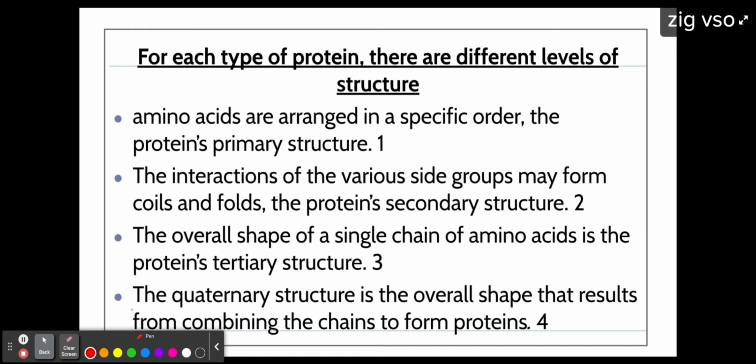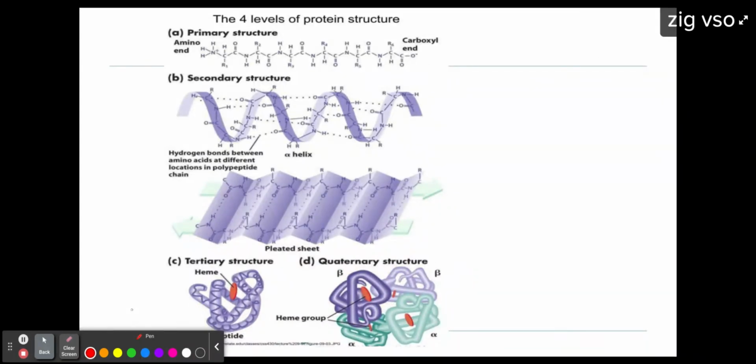So the secondary structure are your coils and folds. Your tertiary structure is the overall shape of a single chain of amino acids. Now, the quaternary shape is when you have multiple single chains of amino acids that come together and form an even bigger structure. So here you can see your primary structure is just a sequence of amino acids. Your secondary structure are your alpha helices and your beta pleated sheets.